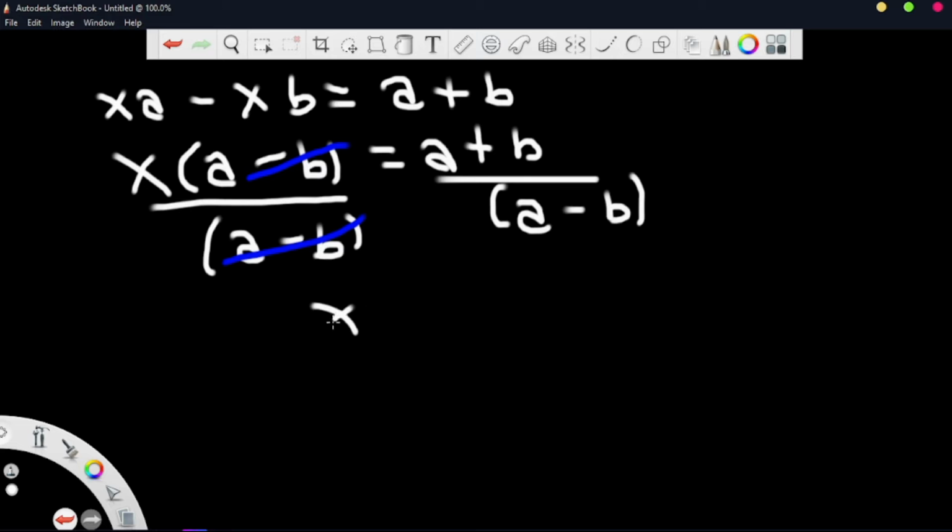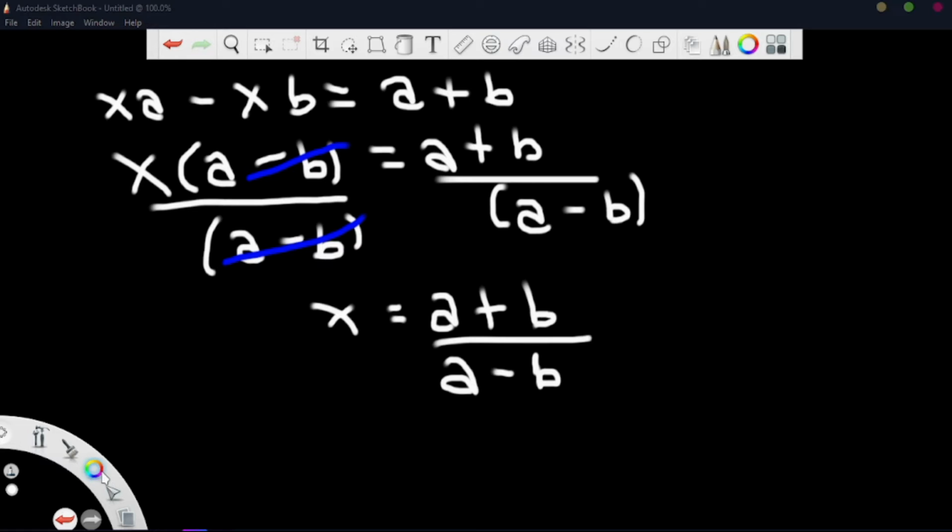So x is equal to a plus b over a minus b. And notice that when you expand this, it will get you back to that one right there.